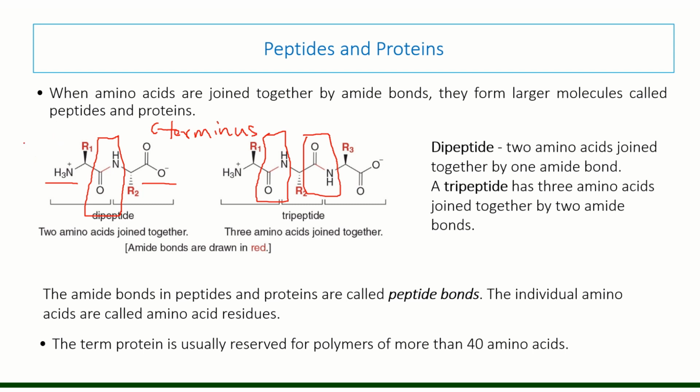And this one, at this end, we call the N terminus. So N and C. You can see N terminus, C terminus.